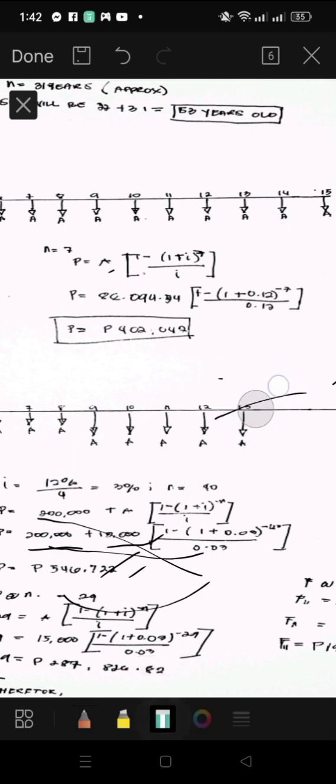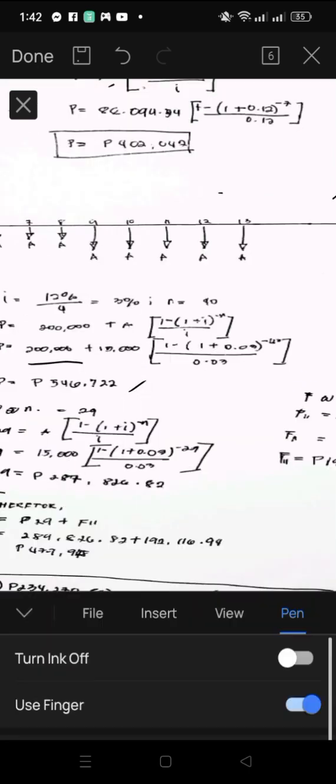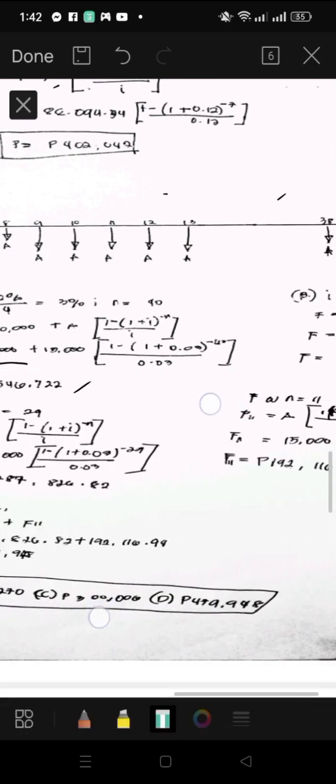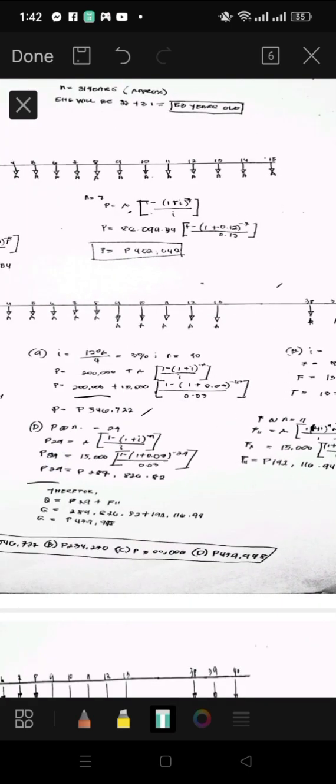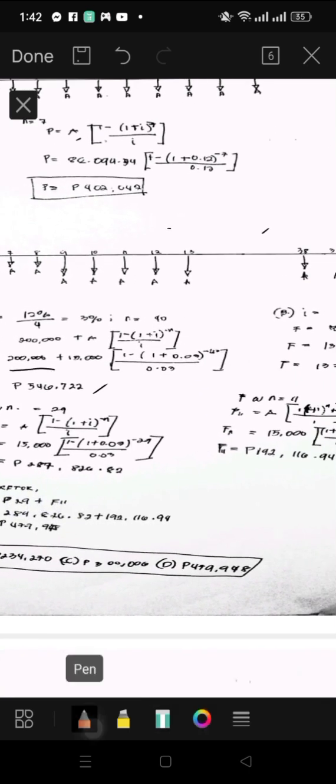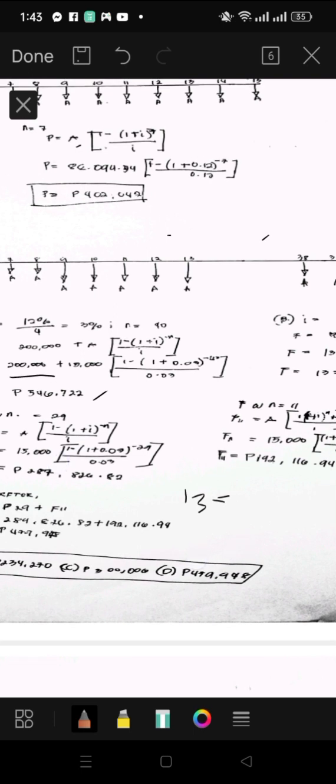F is equal to A quantity of 1 plus i raised to the power of n minus 1 over i. So F is equal to 15,000 quantity of 1 plus 0.03 raised to the power of 13 minus 1 over 0.03.